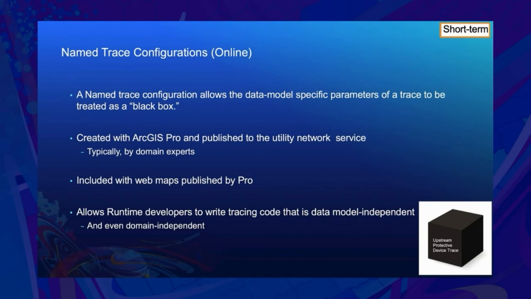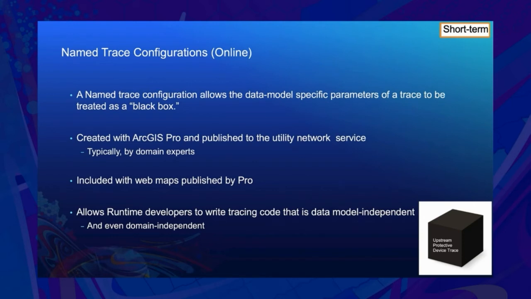They create it in Pro and then publish it to the utility network service. In addition to that, when you publish a web map from Pro, you can include which named trace configurations you want associated with that web map. So if you're creating a web map for electric users out in the field, you would take a handful of electric traces and add that to that map.